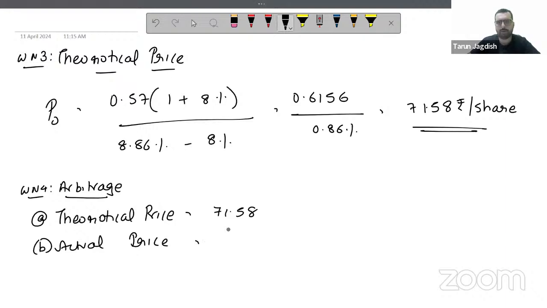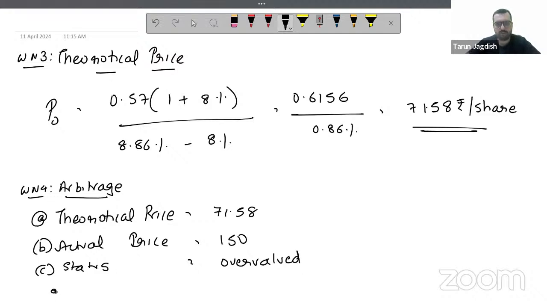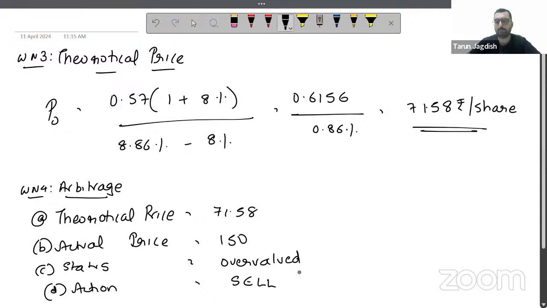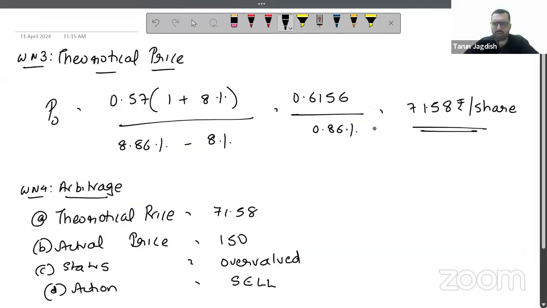What is the actual price in the question? It is 150. So tell me, what is the status? Undervalued or overvalued? Overvalued. So are you supposed to buy or sell? You are supposed to sell. But they are saying that using dividend discount model, they found out that the stock is undervalued.